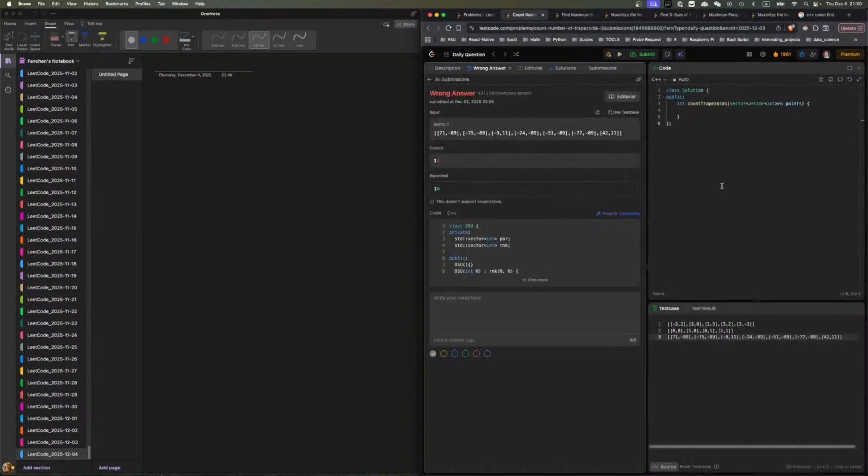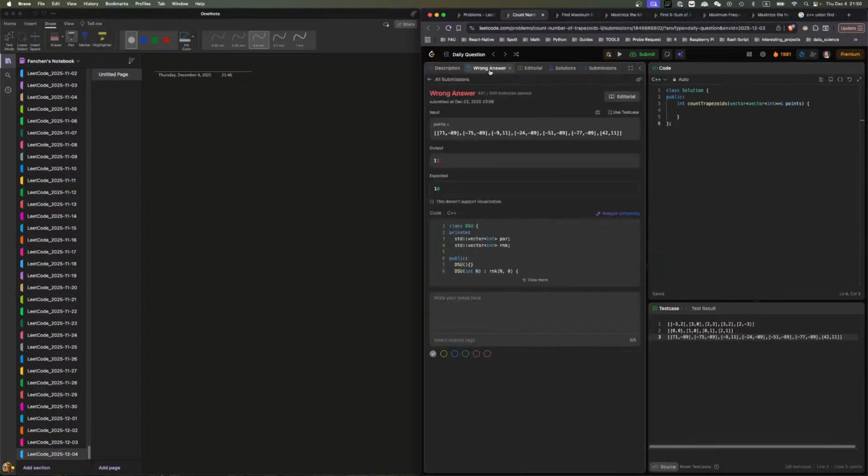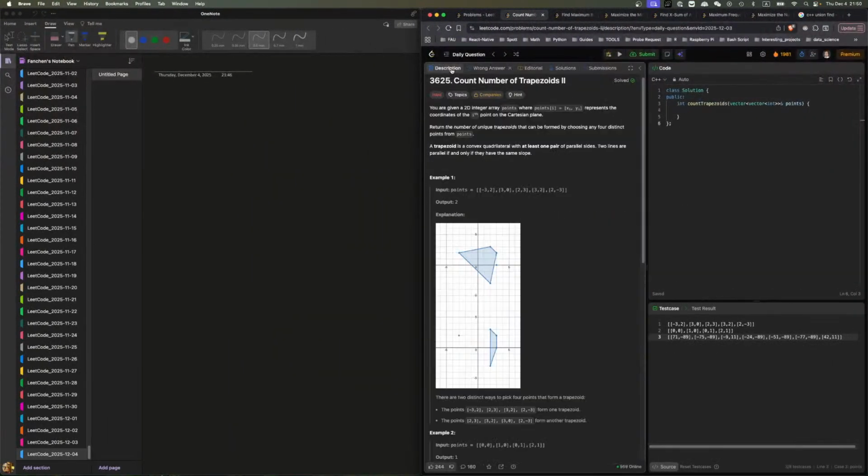So we're going to go back to this one. Count trapezoid. Oh, wait, hold on. The trapezoid. It's different. We didn't solve this trapezoid thing.